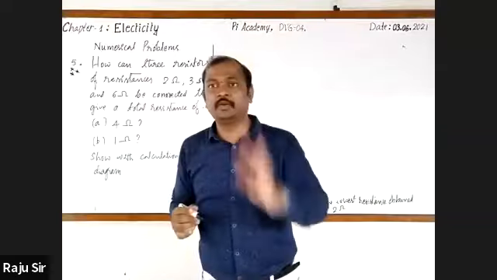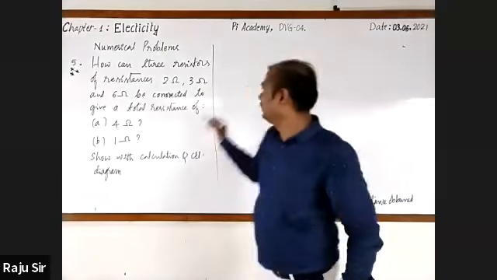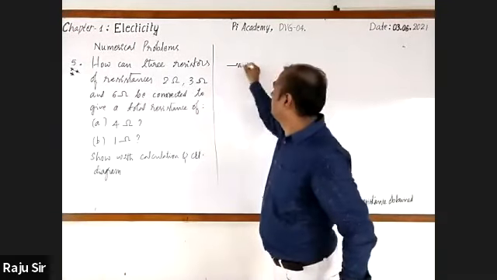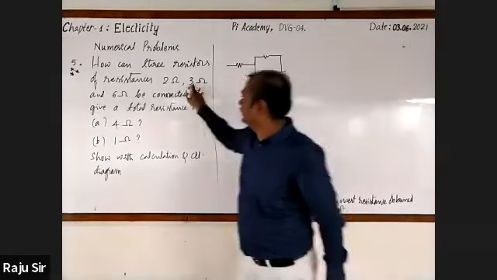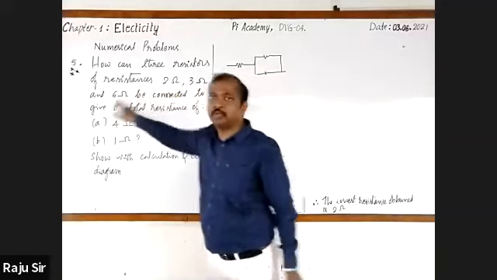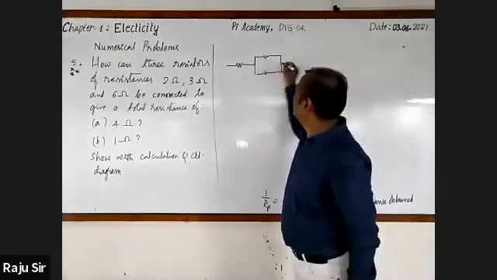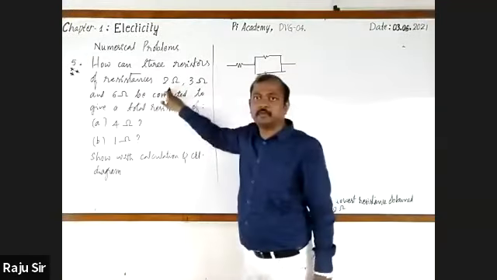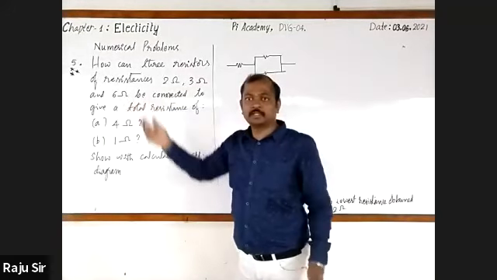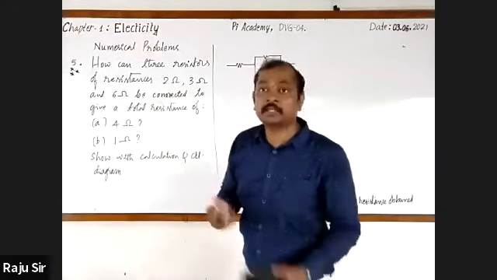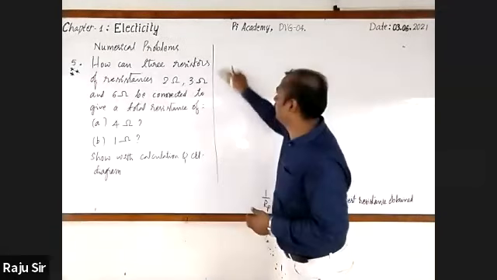Yes, look here. You may connect the last 2 in parallel, then in series with the first one, or you may take the first 2 in parallel in series with the third one. There are different ways. Let us take a suitable one.